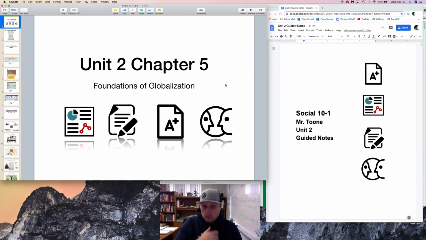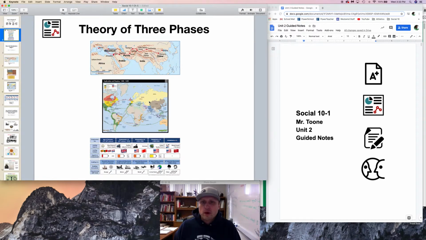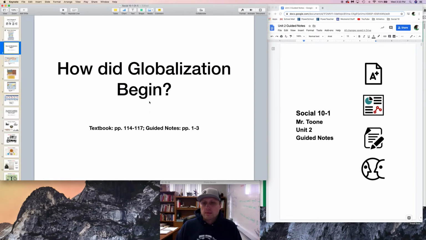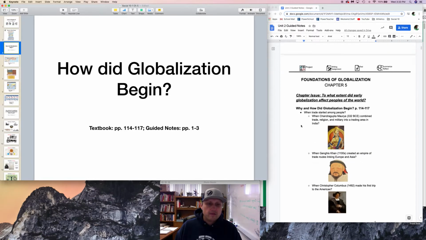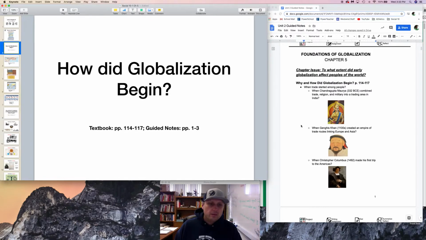And so we'll start off with a quick review and go through these three phases of ancient or historical globalization. And if you're following along in the notebook, then I'm in these first 4 pages. This should be a little bit familiar to you.